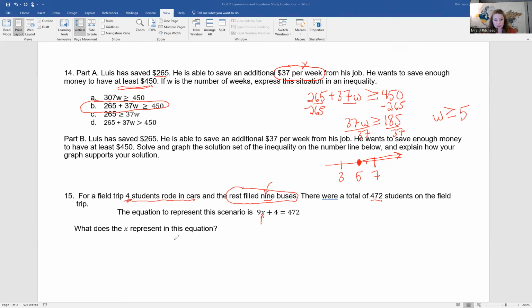So what does the x represent? The x represents the number of students on each bus. On each of the 9 buses, the number of students, because that's what we don't know in that scenario.